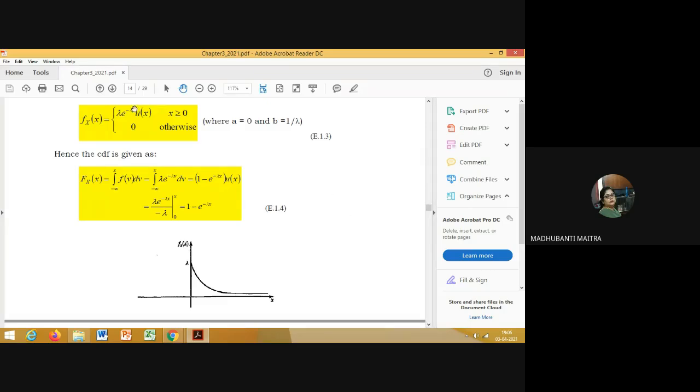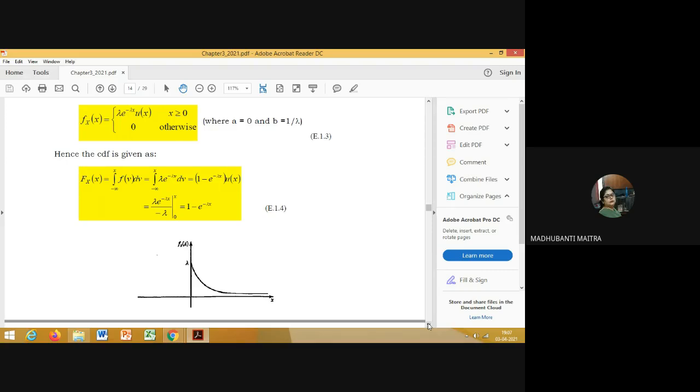And f(x) is given by lambda e to the power minus lambda x. So within the integration, we'll get the term lambda x e to the power minus lambda x dx. Is it 1 by lambda? Yes, that is 1 by lambda.